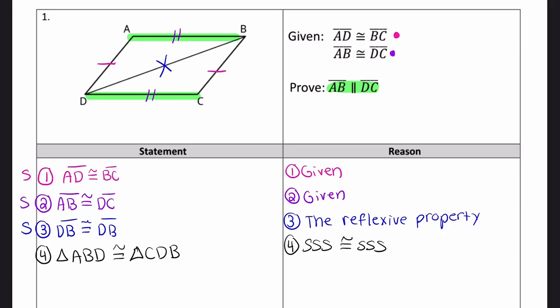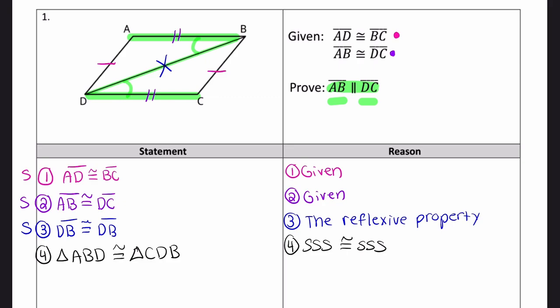I have unlocked the wonderful world of CPCTC, and now I just have to think to myself, well, what do I want to get in order to prove those two lines are parallel? And I really love those alternate interior angles. So again, you guys should see that if I connect this line here, I do have my Z. So I really want this angle is congruent to this angle, and that'll give me those alternate interior angles again.